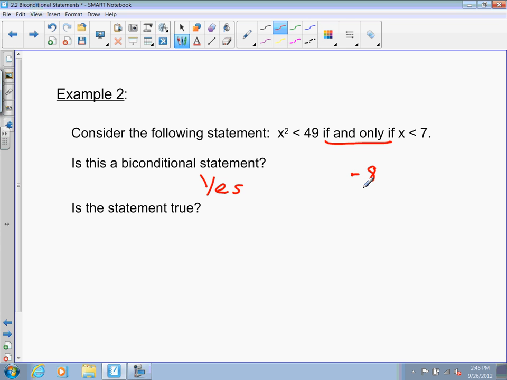Well, -8 squared is 64, so that part wouldn't be true. So I could say, is the statement true? It is not. Not true, or you could say false. It's not true in all cases.